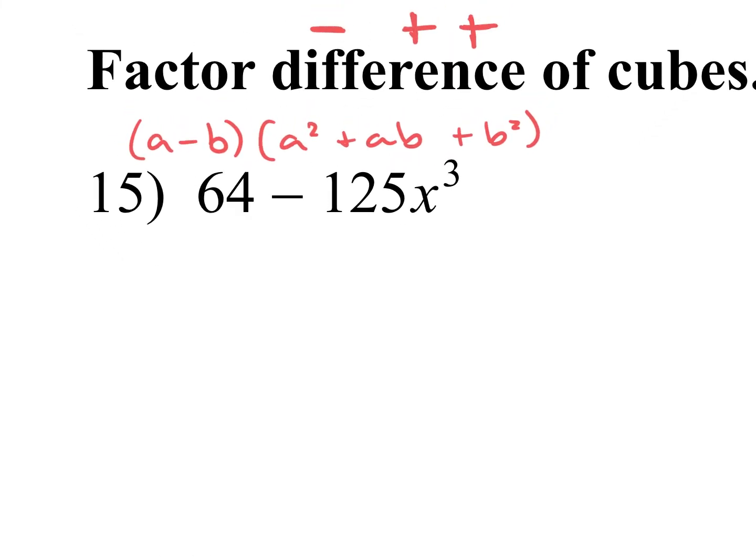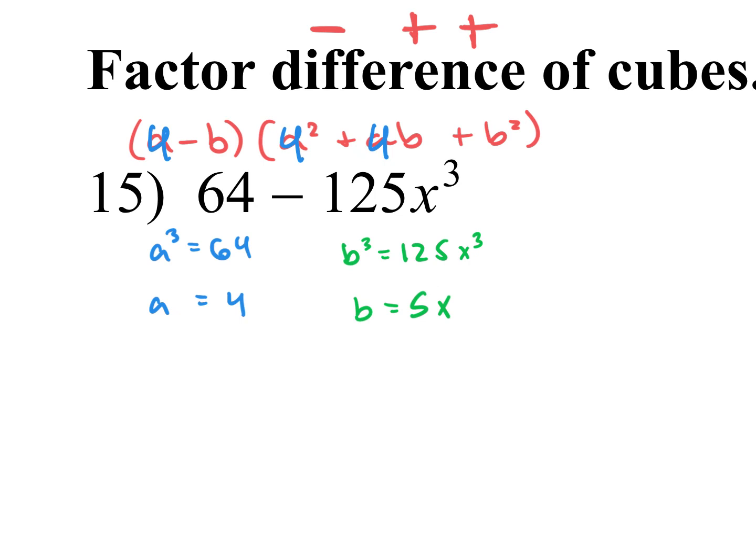So then here, if a cubed is 64, what's just a? 4. So everywhere I have an a, I plug in 4. If b cubed is 125x cubed, what's just b? 5x. So everywhere I have a b, I plug in 5x.